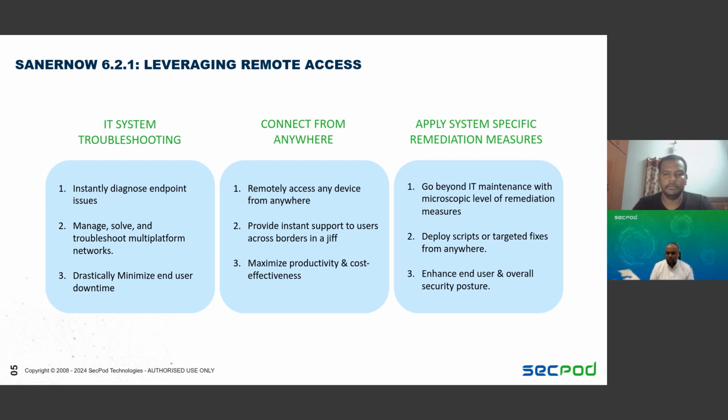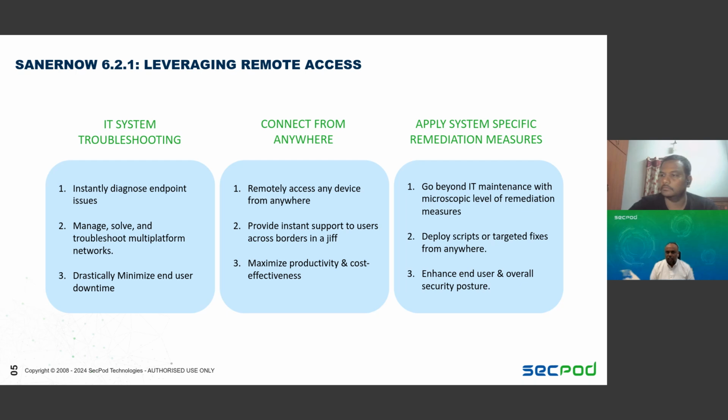All those limitations will not come into play. So basically, Saner will act as a bridge between you accessing the endpoint and the endpoint. Because of that, irrespective of where you are, you can always log in, access the devices, and provide any instant support required. So this definitely increases productivity and reduces downtime.